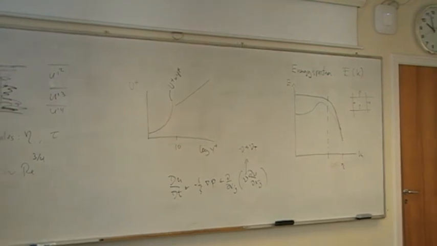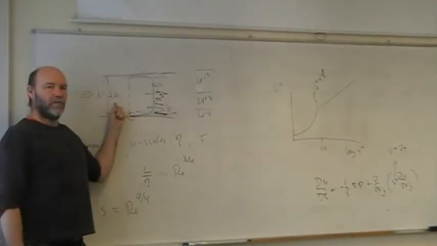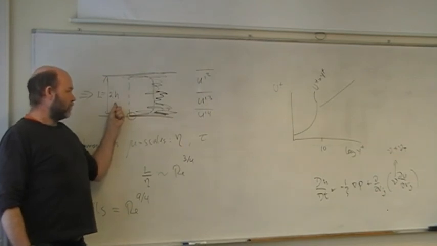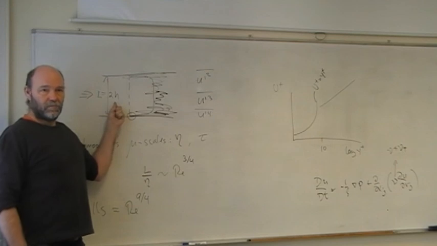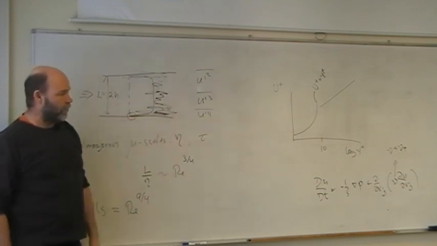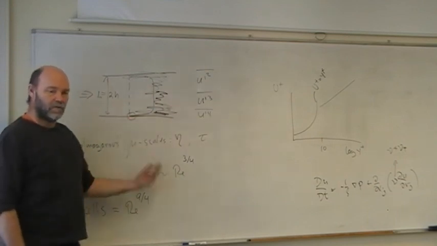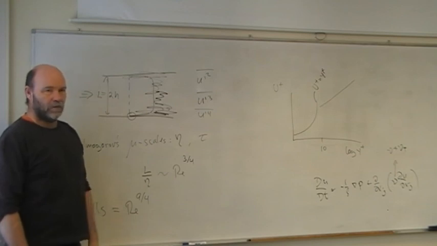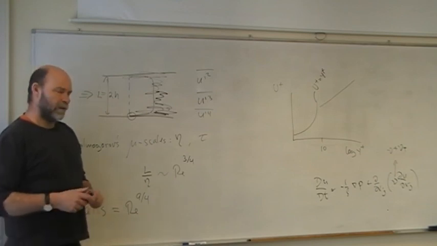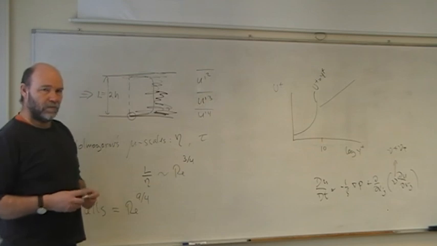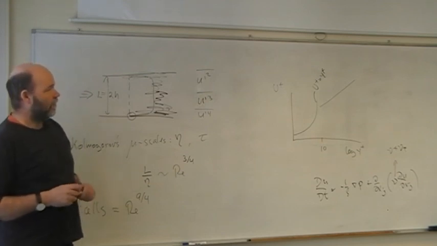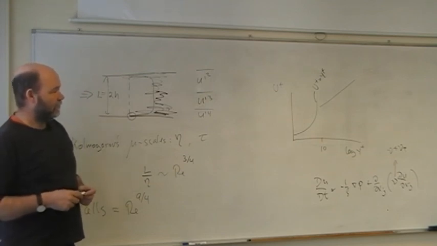I said this one has to be 3-dimensional, it has to be transient. People are still doing this 2-dimensional, steady state, and then play around with large eddy models and actually still get decent results. We don't like that, but they still do. That's a little impolite, I would say.